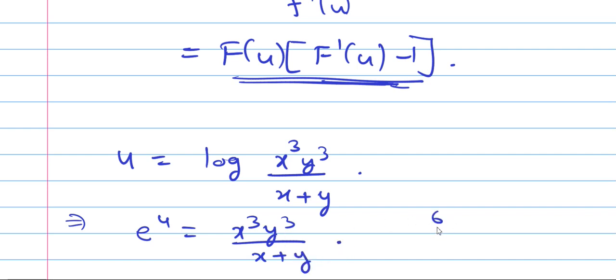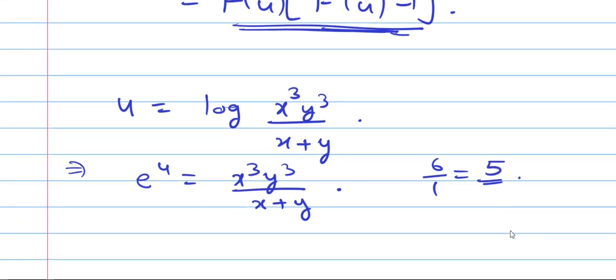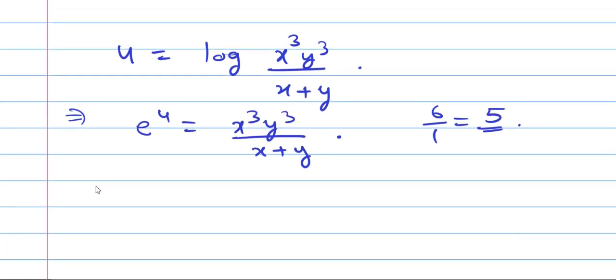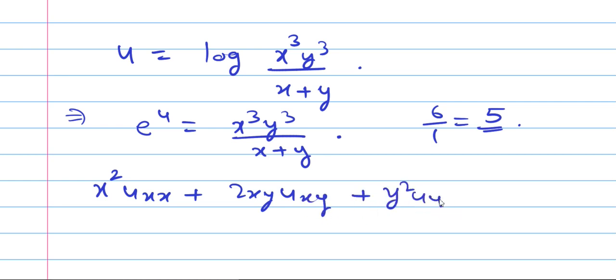The numerator has degree 6 and the denominator degree 1, so the degree is 5. We are supposed to find x square uxx plus 2xy uxy plus y square uyy. So small f of u here is homogeneous with degree 5.